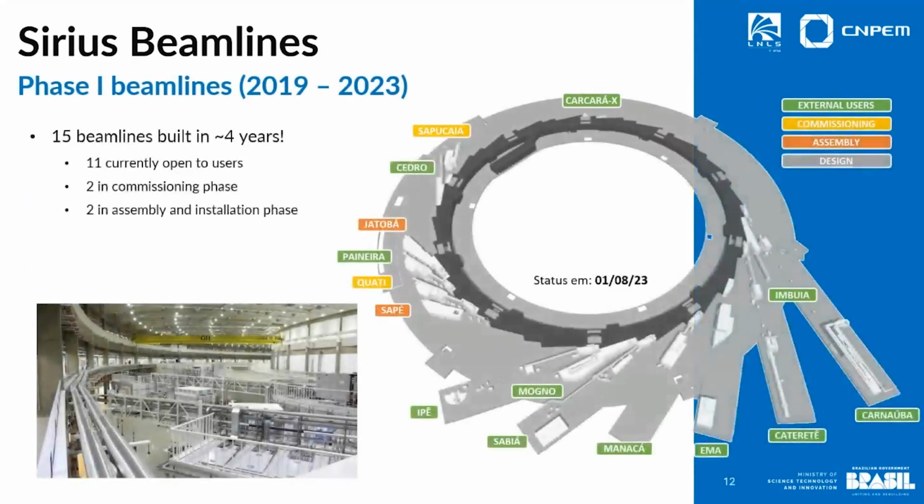And if you see on the plant design, for phase 1 of Sirius, we built 15 beamlines, about 3 to 4 beamlines per year.